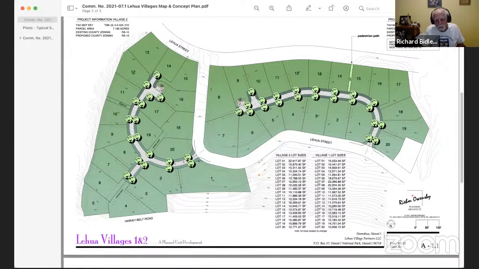But you've got the entrance road there right on the corner, and people drive very fast down Lehua. When Pakalani Street is closed during school, there's a lot of traffic.